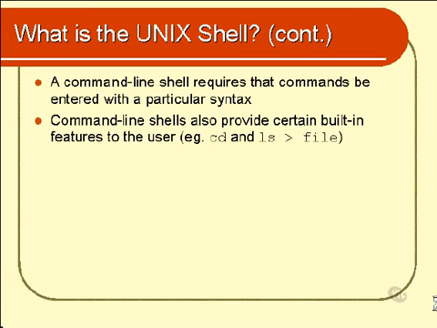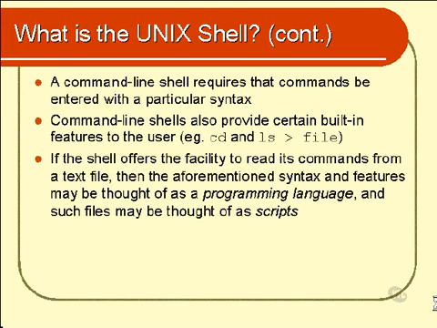The notion of changing directories and keeping track of the current directory that you're in is something that the shell provides you. The second example there is the ability to take the output of one program and store it in a file. This is called redirection, and it is a feature offered to you by the shell. And of course there are many more such features, and it is precisely those features that we are going to be looking at for virtually all of this course.